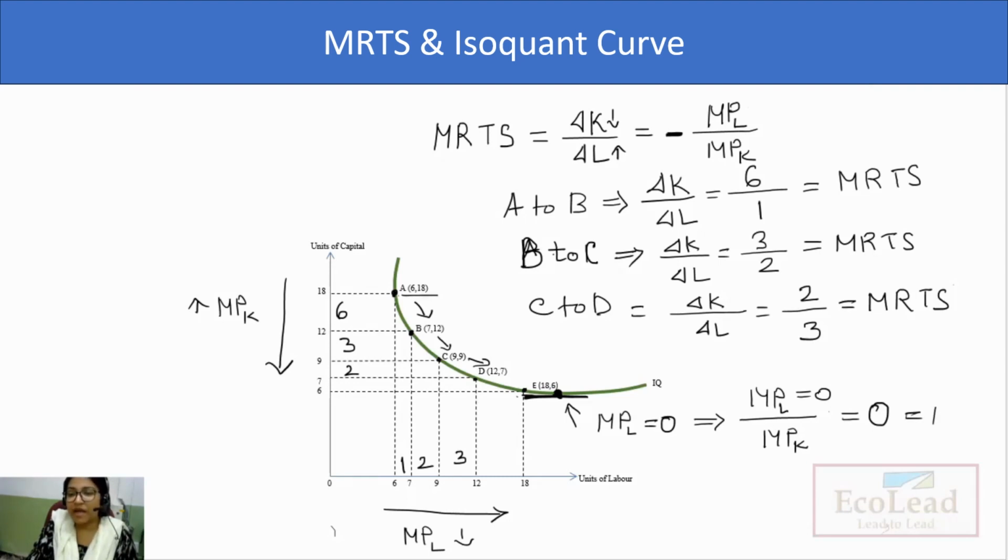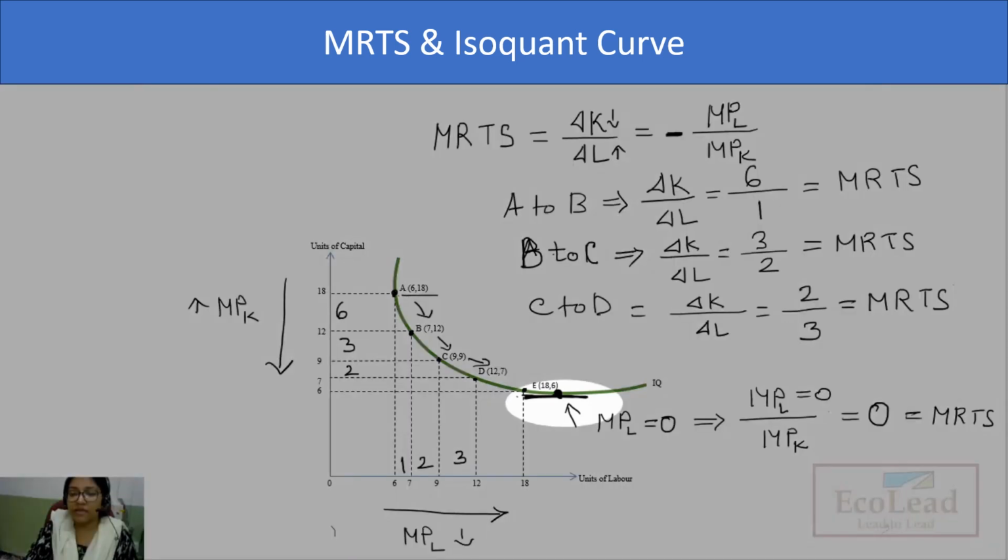So this is the value of the MRTS, and what will be the slope of this line? The slope of this line will be 0, and the line will be parallel to the horizontal axis.